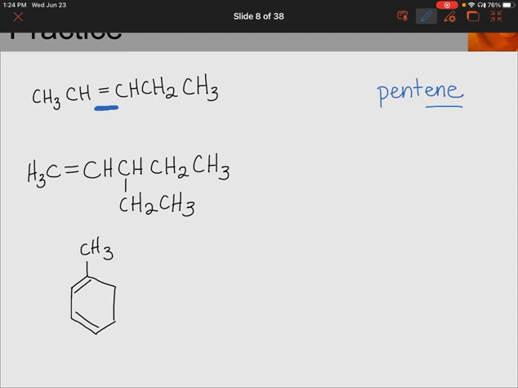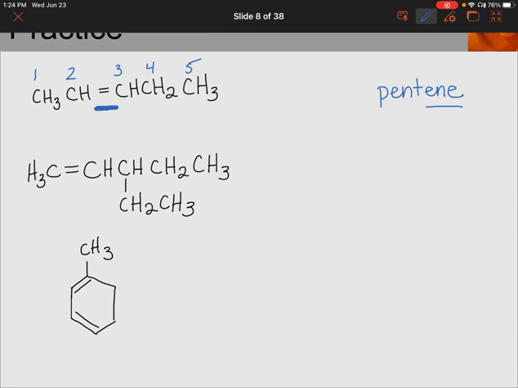But we also have to tell whoever, maybe it's another scientist or a student, where that double bond exists in our chain of 5 carbons. So, do we want to number this from left to right or right to left? Left to right, because that will give us the smallest numbers possible. So 1, 2, 3, 4, 5.